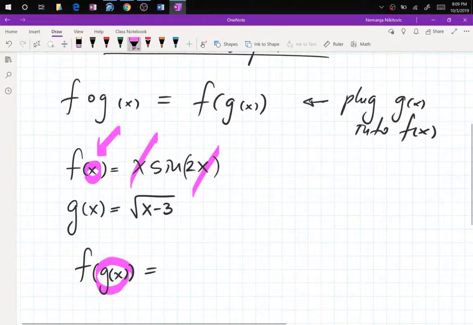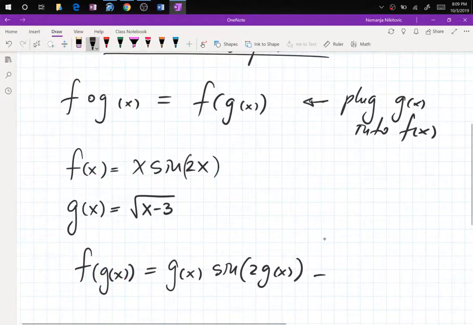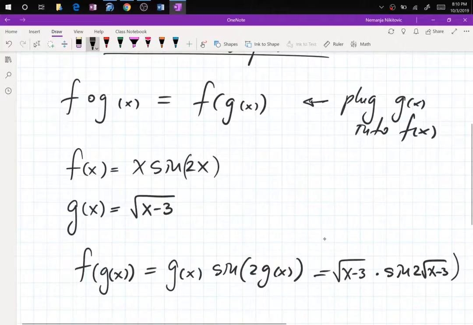Because whatever you plug in here, you have to plug in for the other x's. That's the cheapest way to learn this. So this becomes g of x sine of 2 g of x. And then you just plug in what g of x is: the square root of x minus 3 times sine of 2 times the square root of x minus 3. And now you have your function composition.